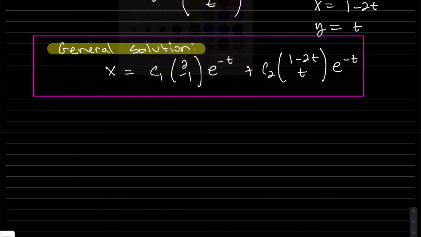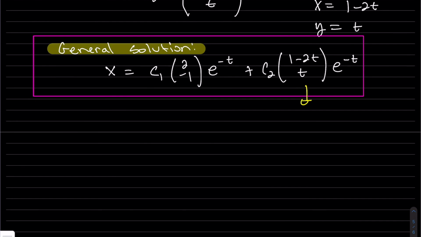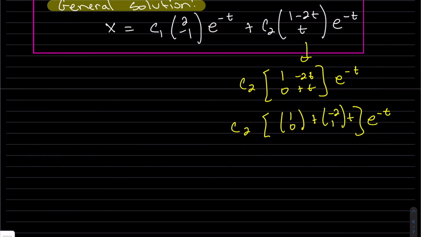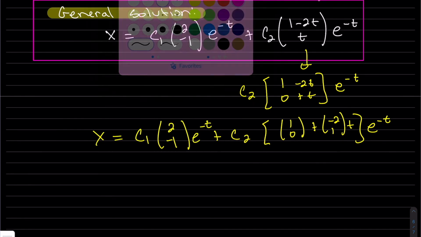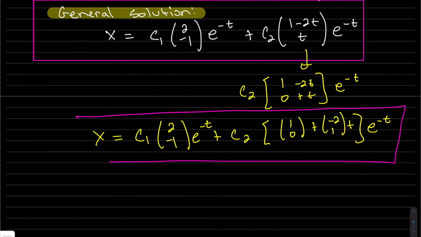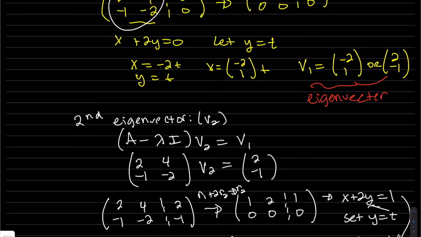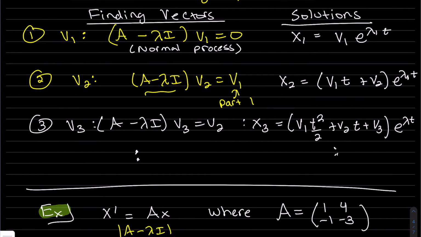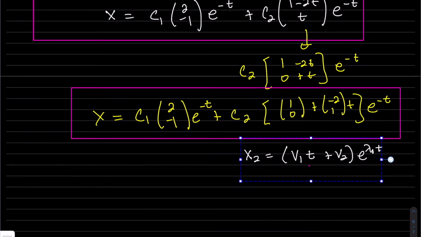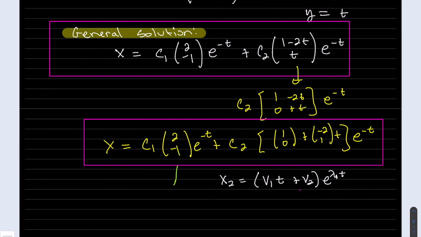So as I mentioned, this can be written out a little further. Could be c2, 1, and then copy this in the front. And so as I mentioned before, this was my solution for my second one. Do realize that this is my V1, which is my V1 times t right here.